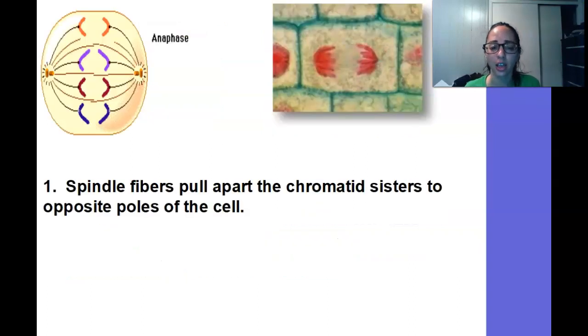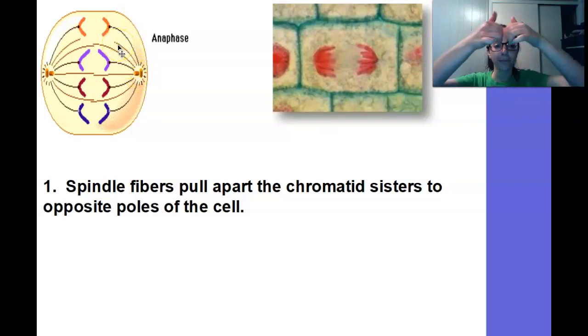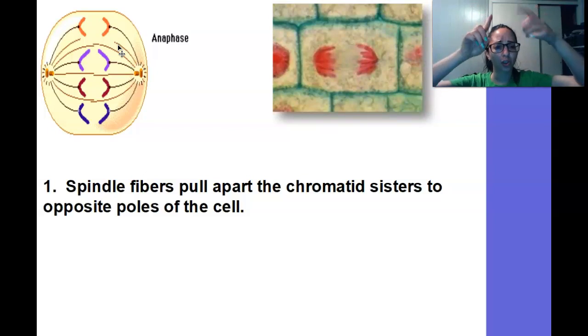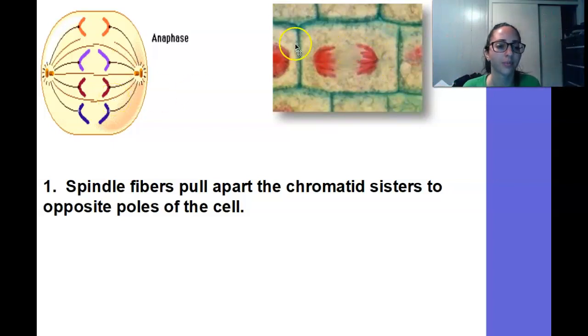Our next phase is anaphase. In anaphase, the spindle fibers pull apart those chromosomes, or you can call them sister chromatids. We call them sister chromatids because they're copies of each other. So they're being pulled apart to the opposite poles of the cell, and this is how it looks in a plant cell.